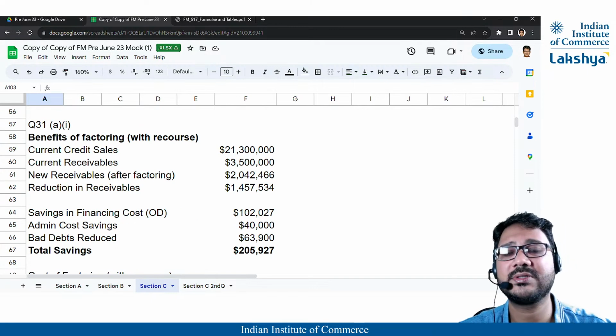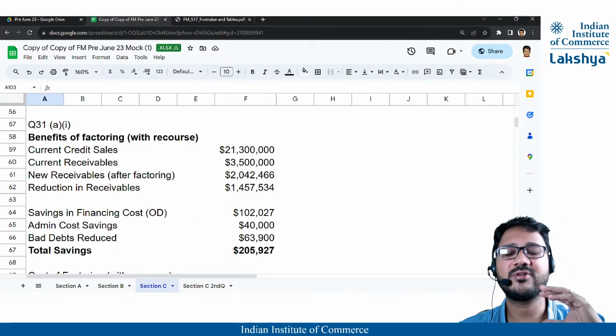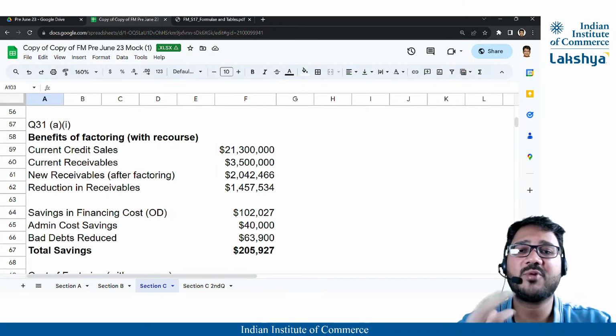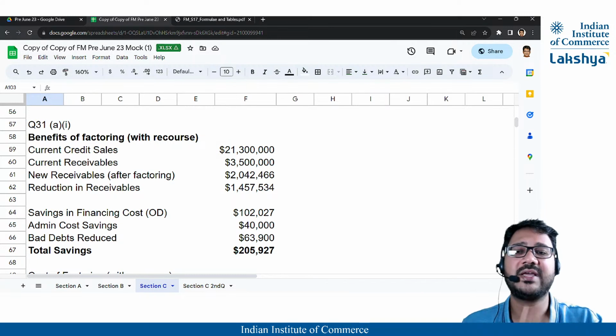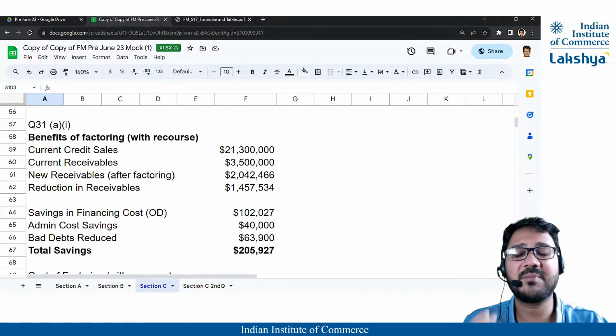When you know how to calculate NPV, how to calculate the cost of capital, how to calculate certain working capital ratios. Okay, so the more type C and type B questions you solve, you will understand that these can become much quicker for you.